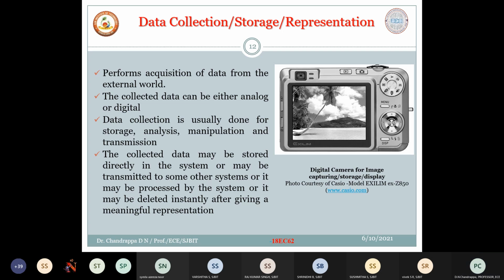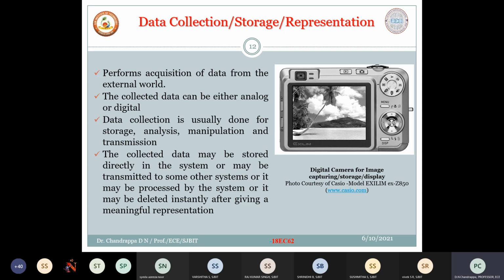So this collected image or data may be stored directly in the system, or you can transfer it to some other system, and it is processed. Processed means we can manipulate. If the captured image is not clear, we can delete that image.